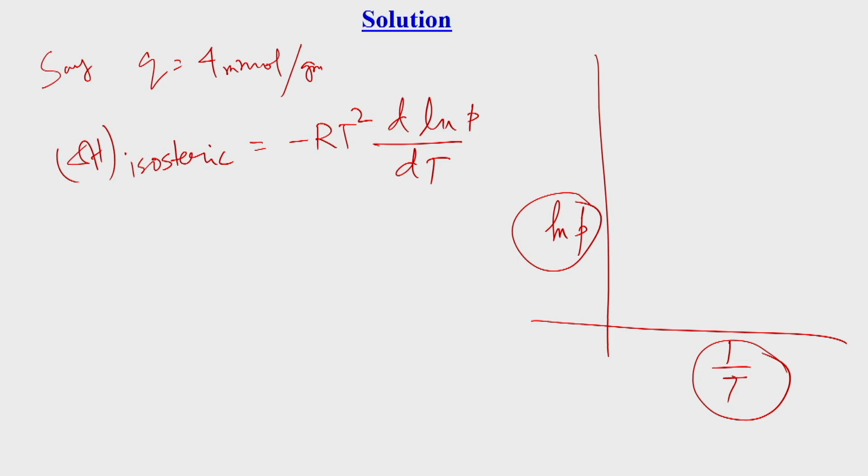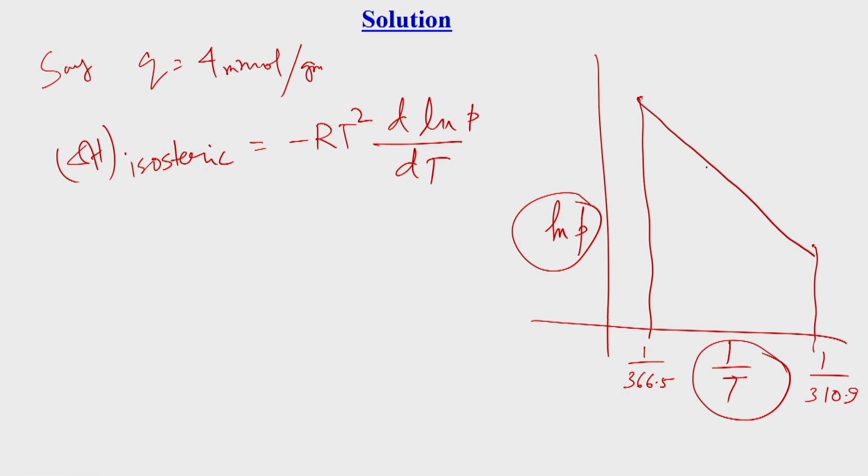Suppose one point will be at 1 by 366.5, and another will be 1 by 310.9 Kelvin. Then the slope will be obtained from these two.